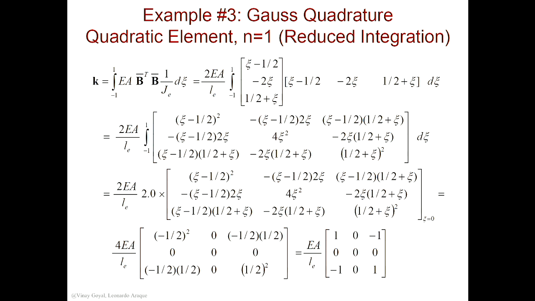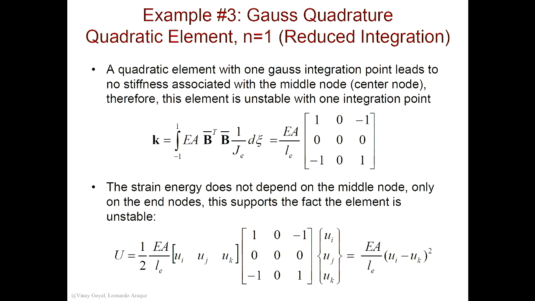Well, that's not good news because now my middle node is not contributing to anything. So this element is actually unstable. This element is not a good element with n equals 1. So using fewer integration points can also hurt you sometimes. And there will be cases where it's actually helpful, and we'll cover that maybe in the next lecture, where reduced integration is actually more accurate than full integration.